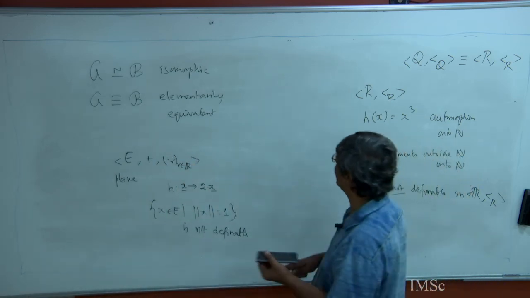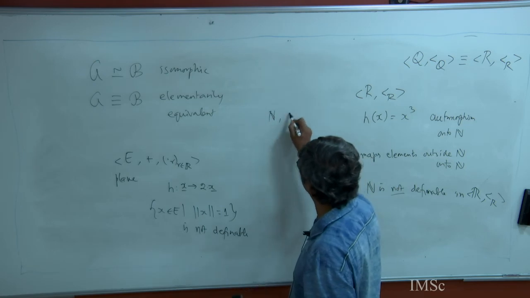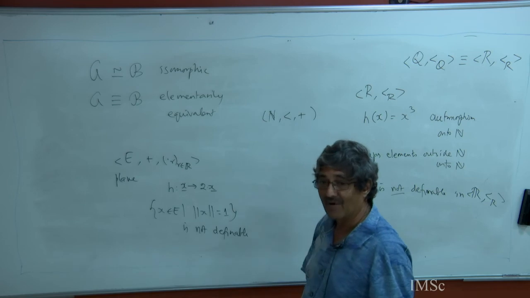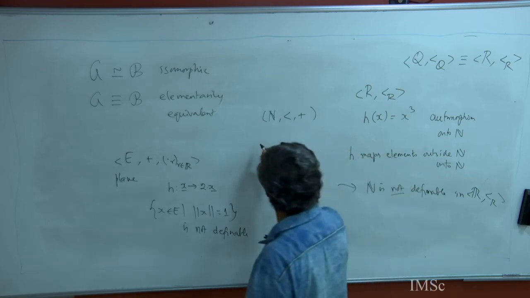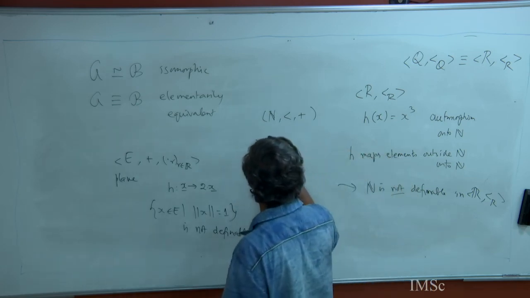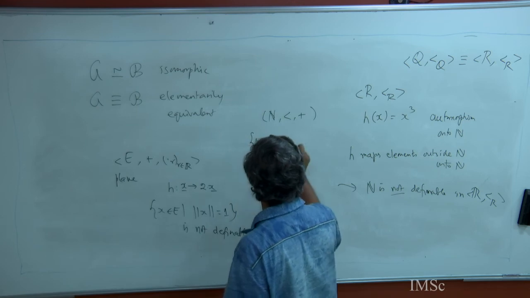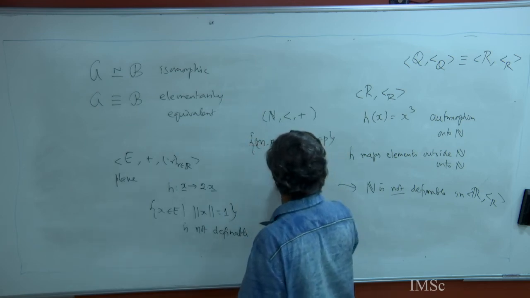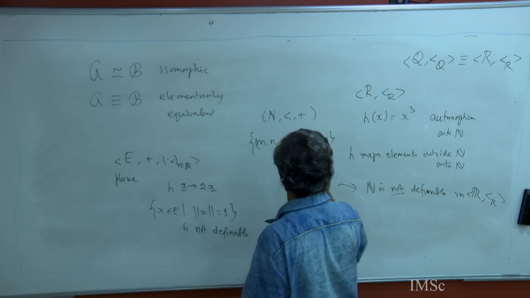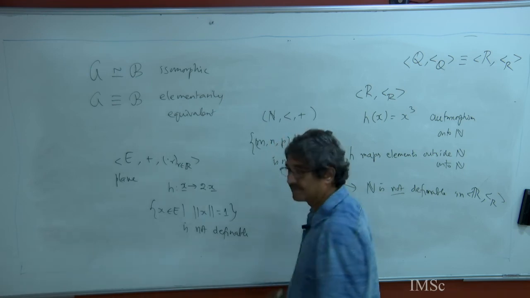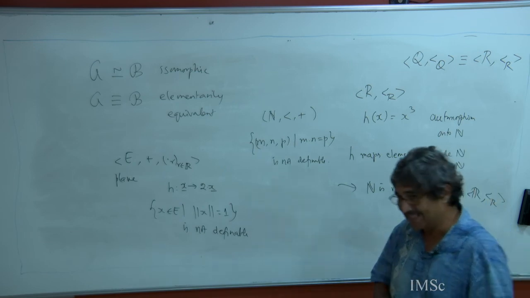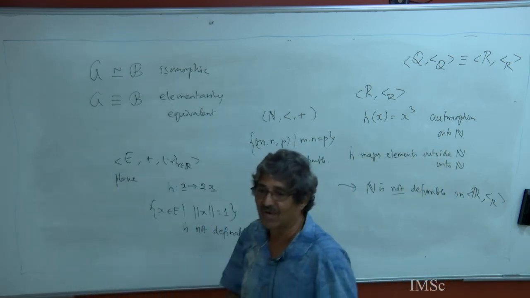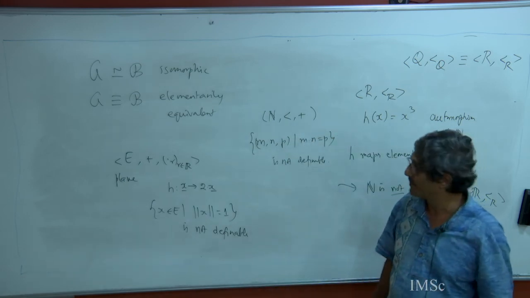That is, if I take order with addition given to me, and I want to show that the relation is not definable. This is already a non-trivial exercise, but in general, this is the sort of thing that you are after. Okay.